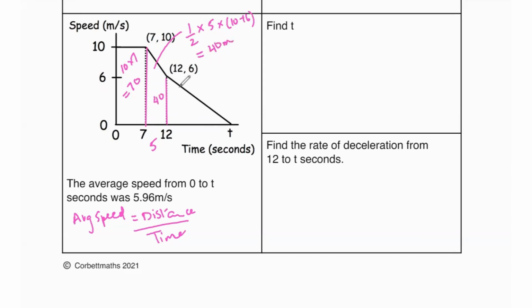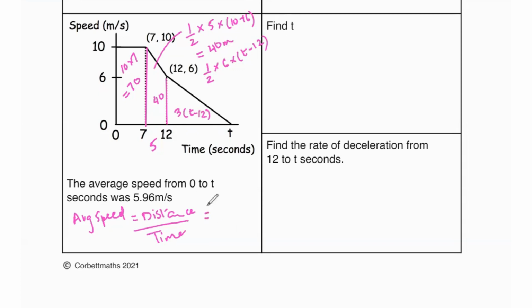Now, for this third triangle, it's going to be 1 over 2 times the base, which is 6, and the height is t minus 12. So that's going to be 3 times t minus 12.